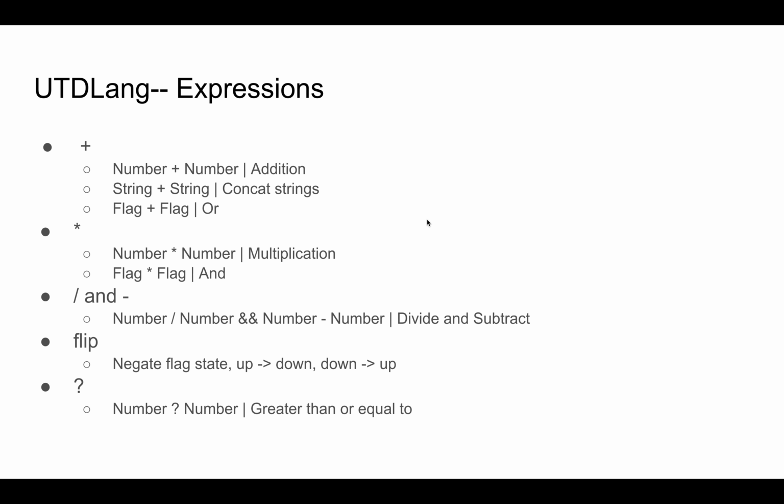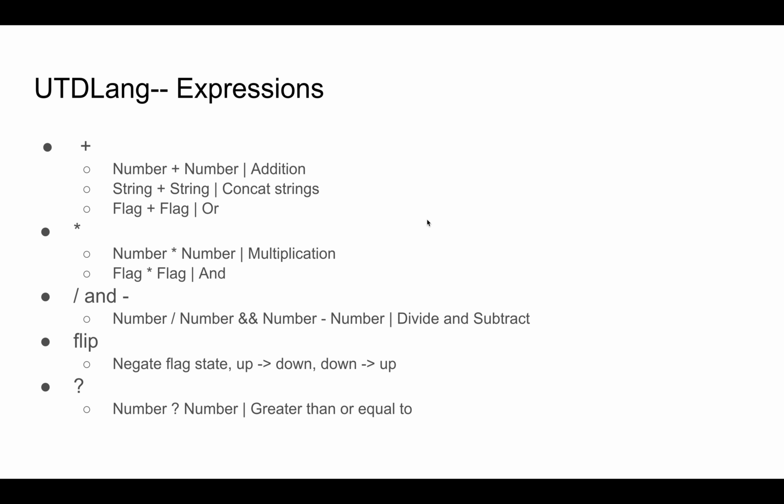Next are the expressions for UTD len-. Here is a list of the operators that we support in this language, which include addition, multiplication, divide, subtract, and then flip and the question mark.